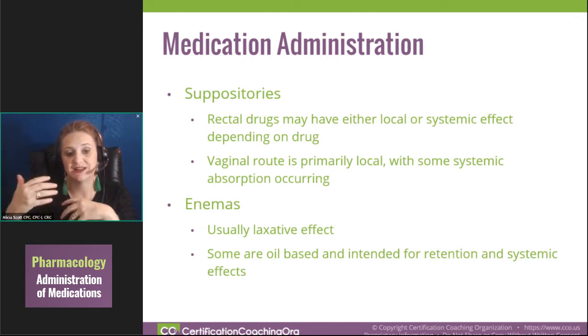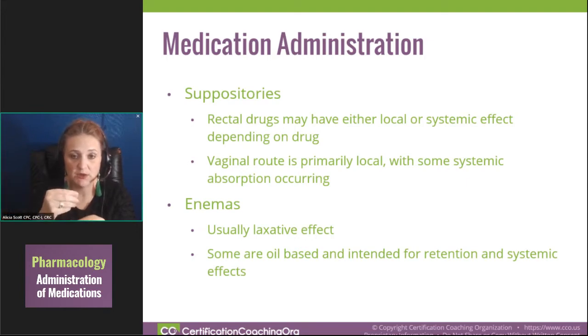Enemas are much like a suppository in the fact that we're inserting something from a natural opening into the body, through the mucosal membranes in that area, but pretty much you only give somebody an enema if you're trying to get a laxative effect. So we're wanting to clean out the colon, the rectum, maybe there's an impaction or the person hasn't been able to get the stimulation for a bowel movement, right?